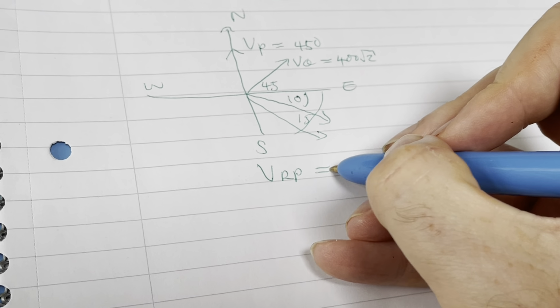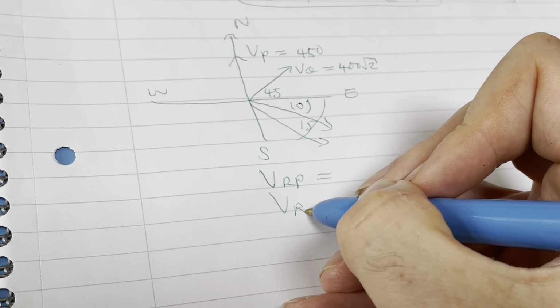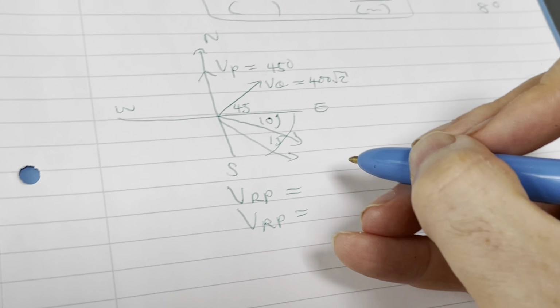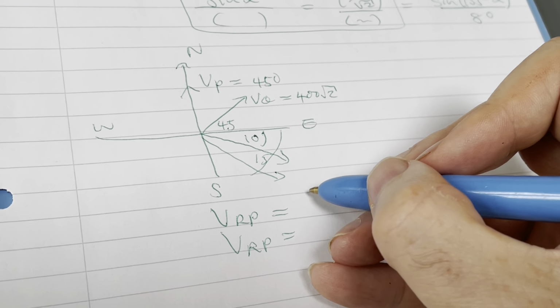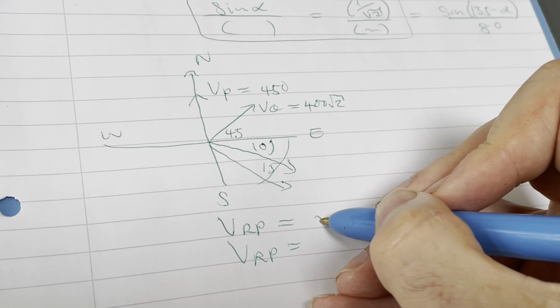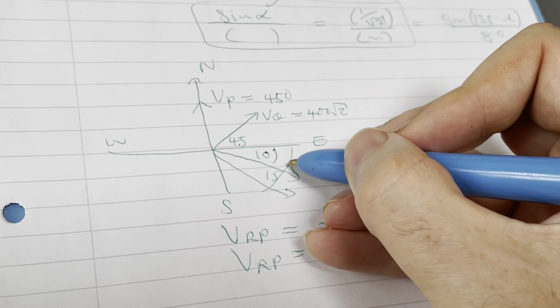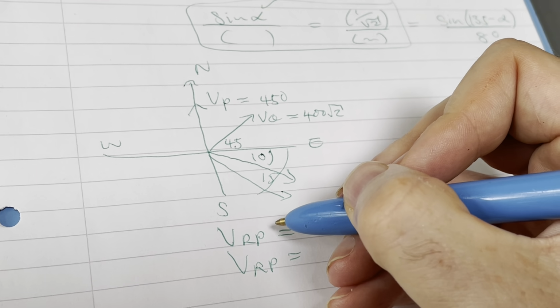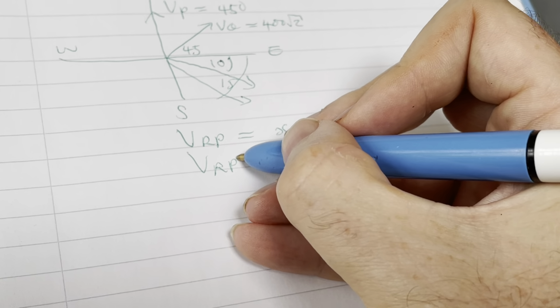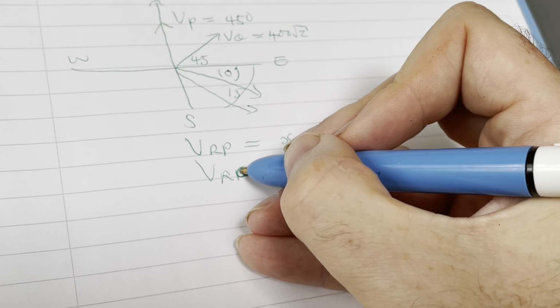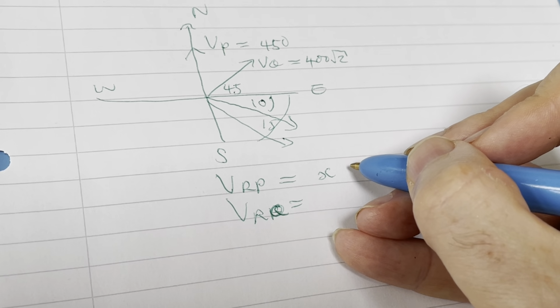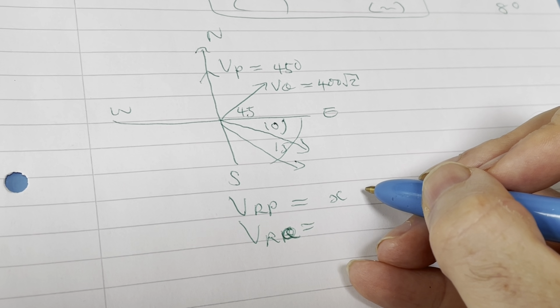Okay, so you're given two values of VRP, but you're not given the magnitude of this. So let's say one of them equals X. The first one is relative to P, at an angle of 10.